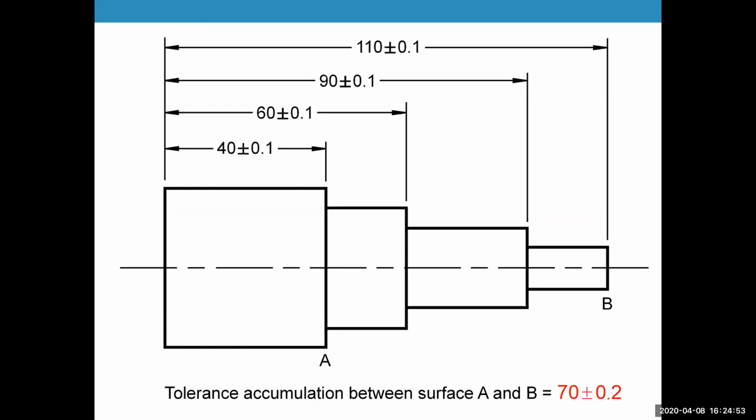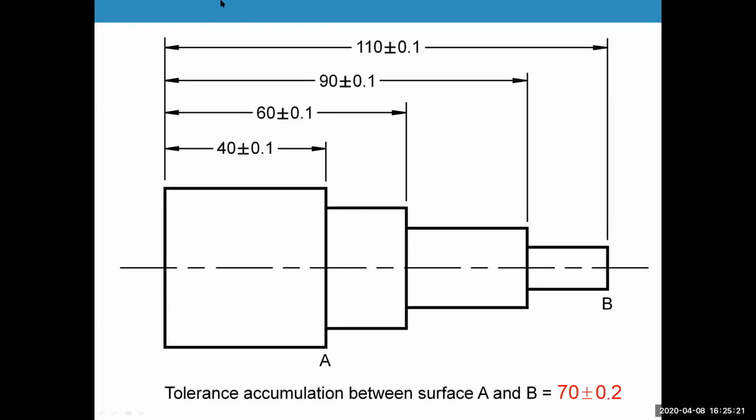Everybody see that? Again, even though we're subtracting these dimensions, this from this to get 70, we're still adding the tolerance together because this dimension could vary. It could be 40.1, and this could be 109.9.